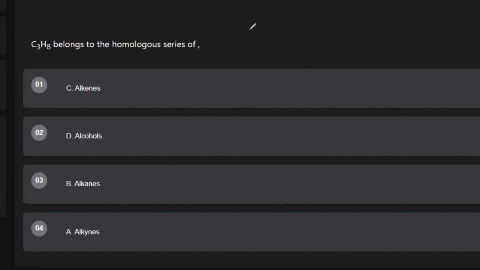Either alkane, alkene, alcohol, or carboxylic acid. But alcohols and carboxylic acids are very easy to identify. Alcohols have the functional group OH, and carboxylic acids have functional group C double bonded O and OH. Or when we write the molecular formula, we write it as COOH.